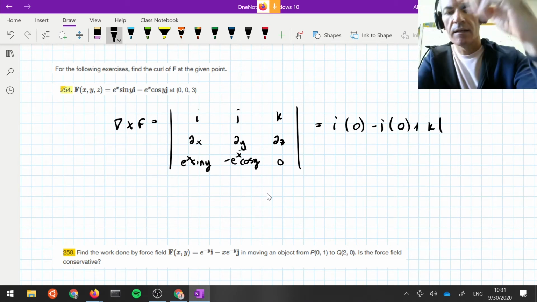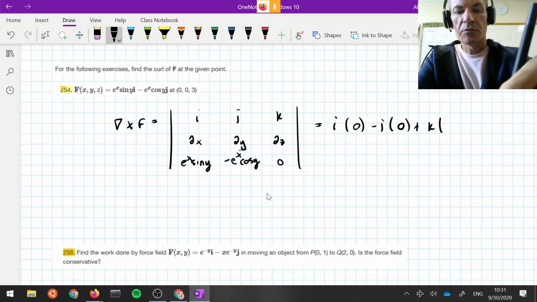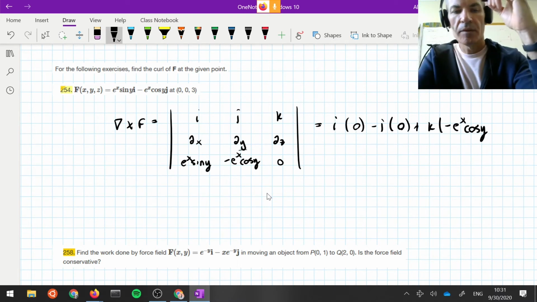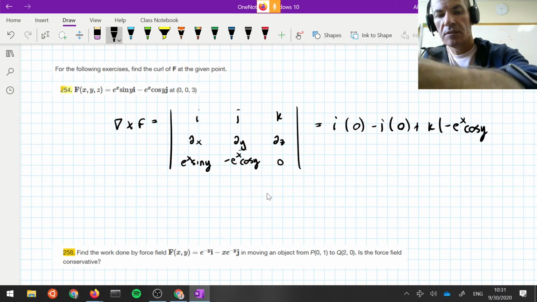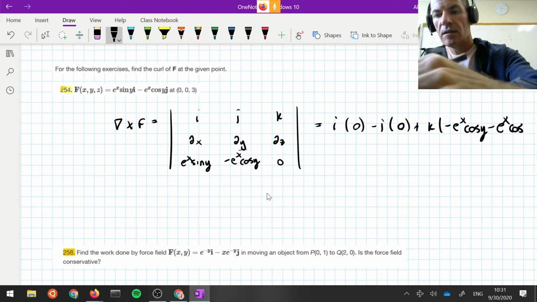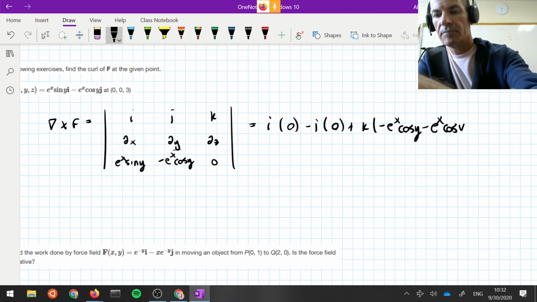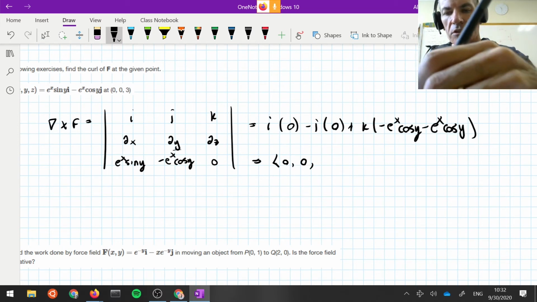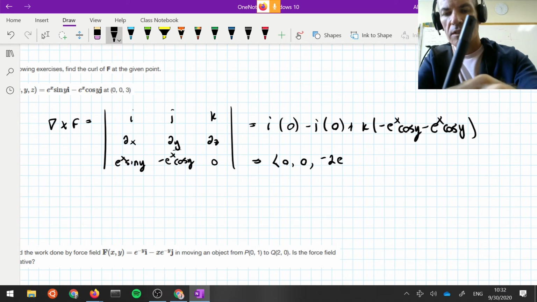Plus k, partial of this with respect to x is minus e to the x cosine y, minus e to the x cosine y. That simplifies in component form to 0, 0, and minus 2 e to the x cosine y.